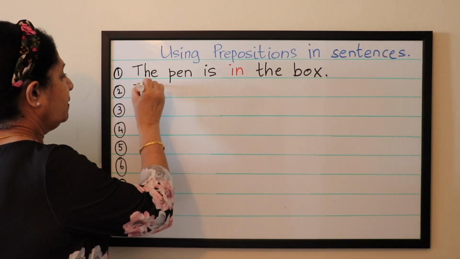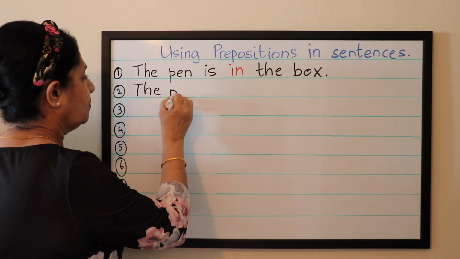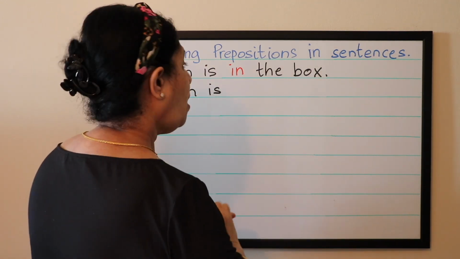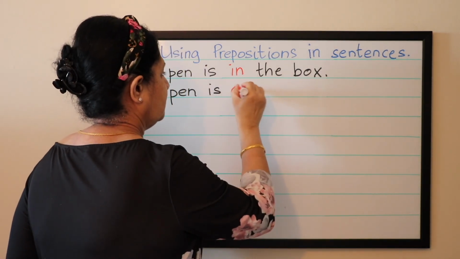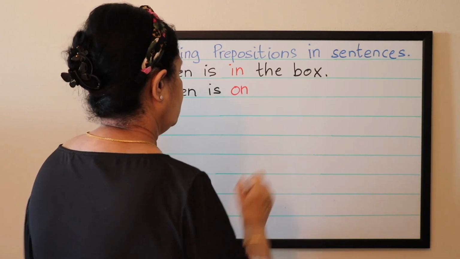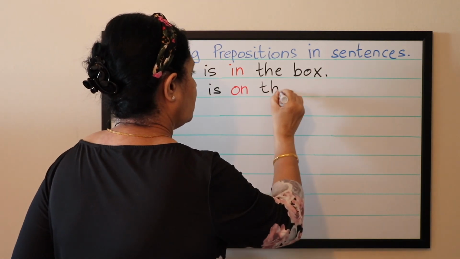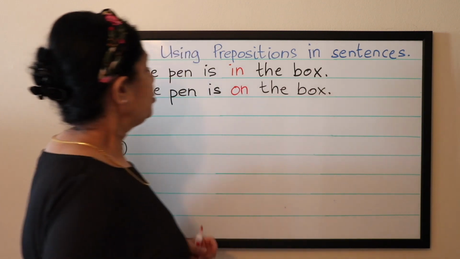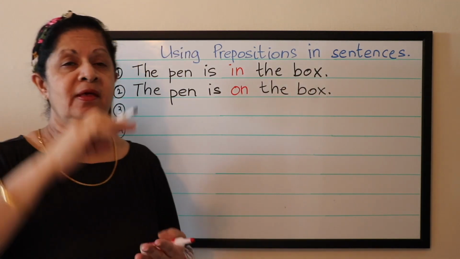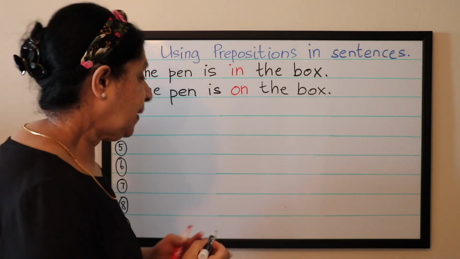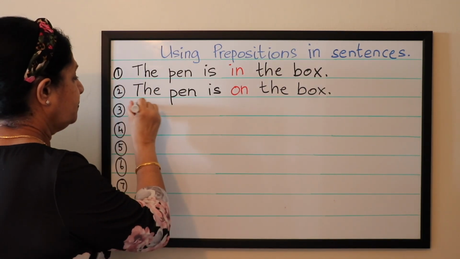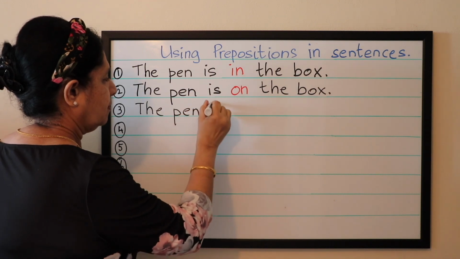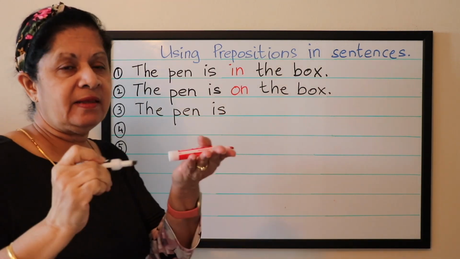The second one, on. The pen is on the box. So we know that the pen is on the box. Next one, the pen is under the box.